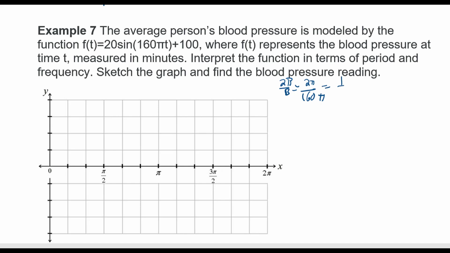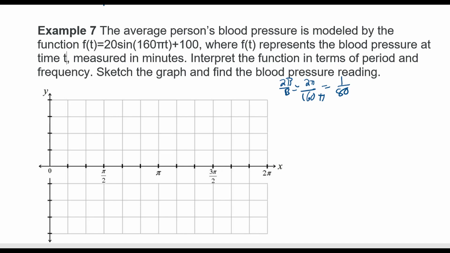So it's going to be 1 over 80. That's the period. I have to change all these values down here. So in a blood pressure function, our frequency is going to be the number of heartbeats per minute, and it's a reciprocal of the period. So the frequency is 80, if that matters.